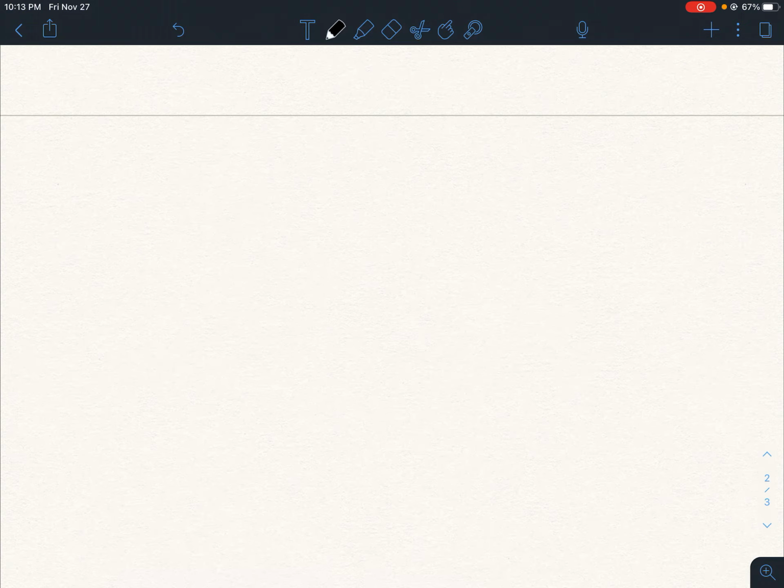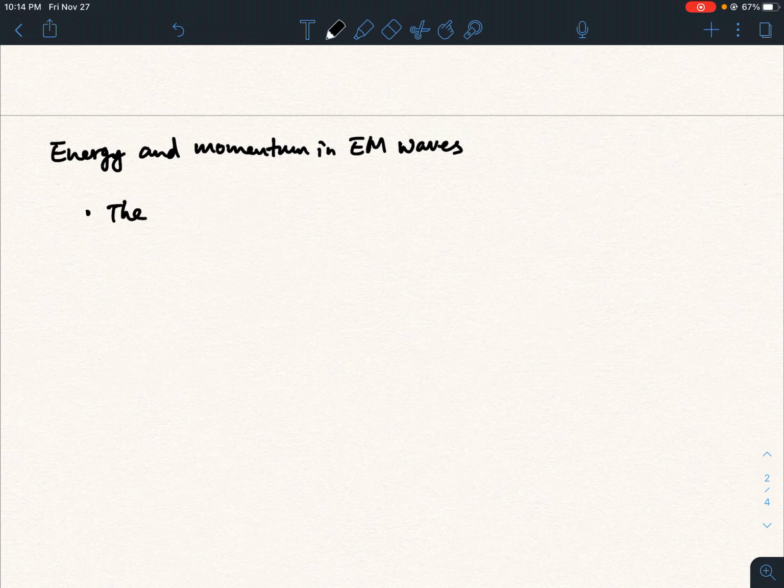Okay. Now we talk about the energy and momentum in an electromagnetic wave. We talked about this before. We have the electric field, we have the magnetic field, and we mentioned that they both contain energy.